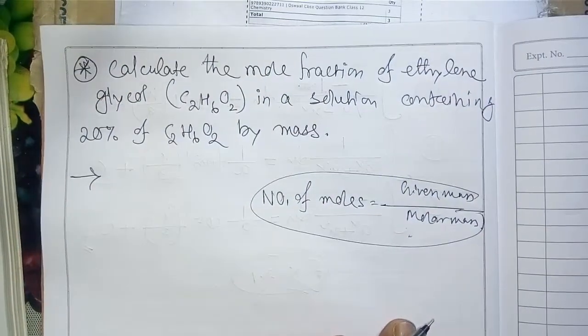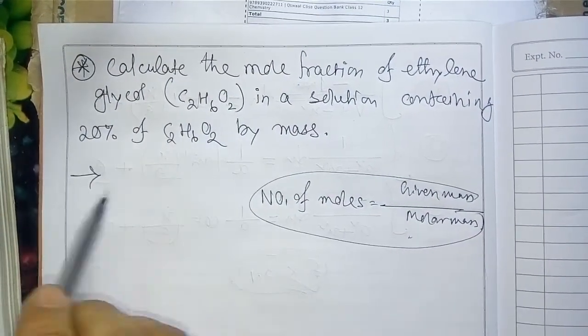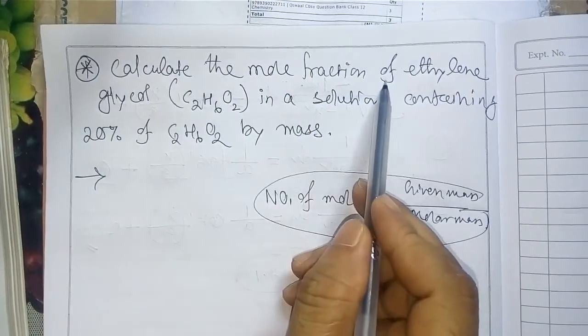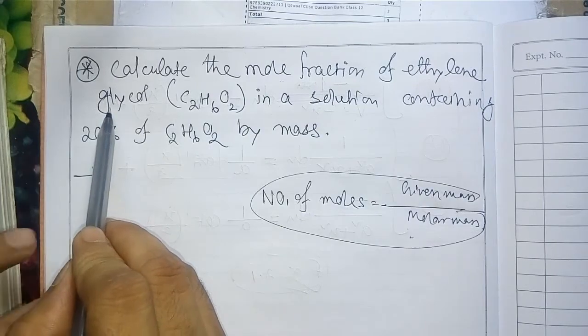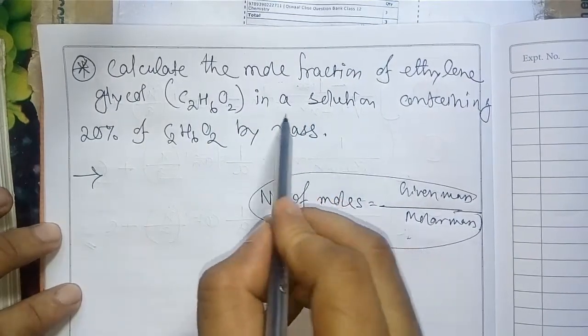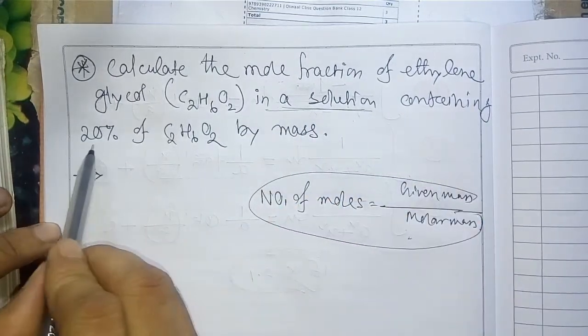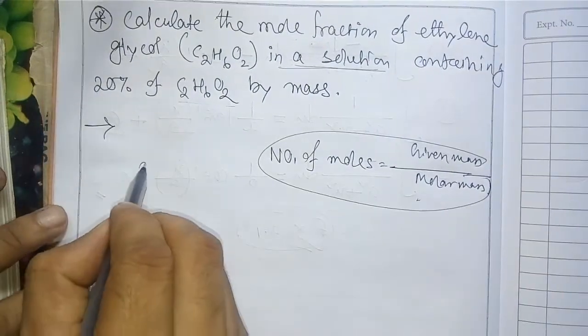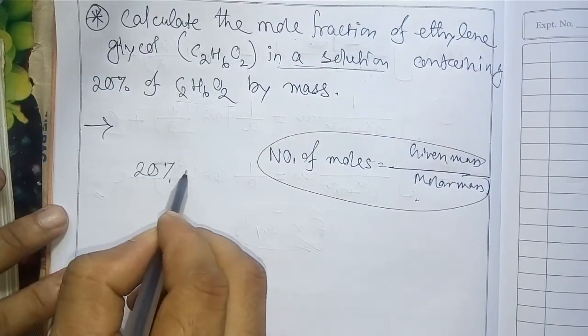So this question is: calculate the mole fraction of ethylene glycol in a solution containing 20% of ethylene glycol by mass. That means 20% of the solution is ethylene glycol.